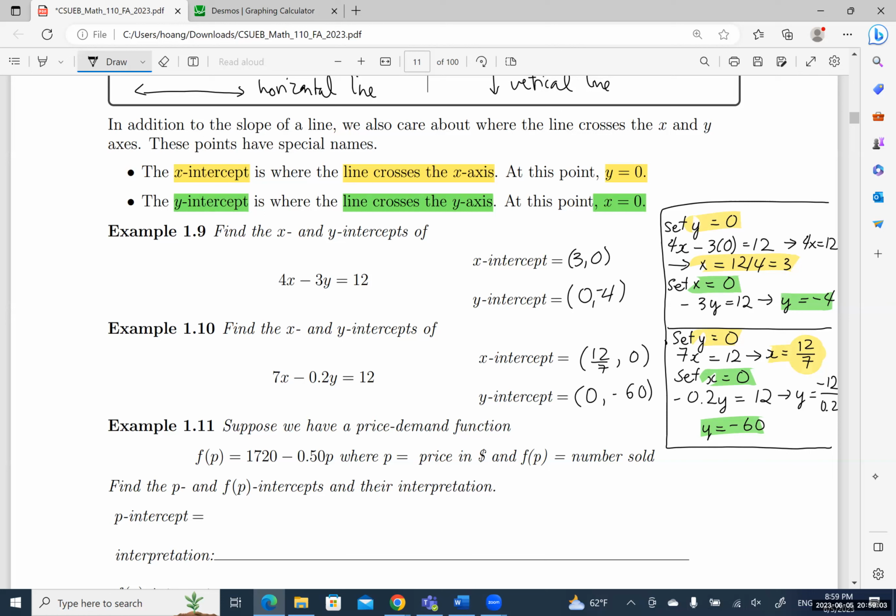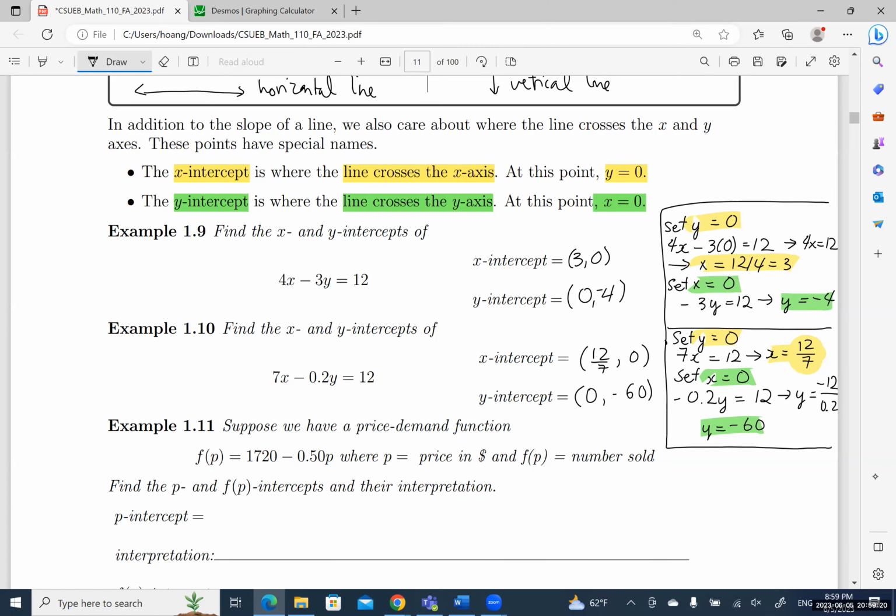Okay. So sometimes we can have some different notations for x and y. Instead of that, we can have like p and f of p, something like that.